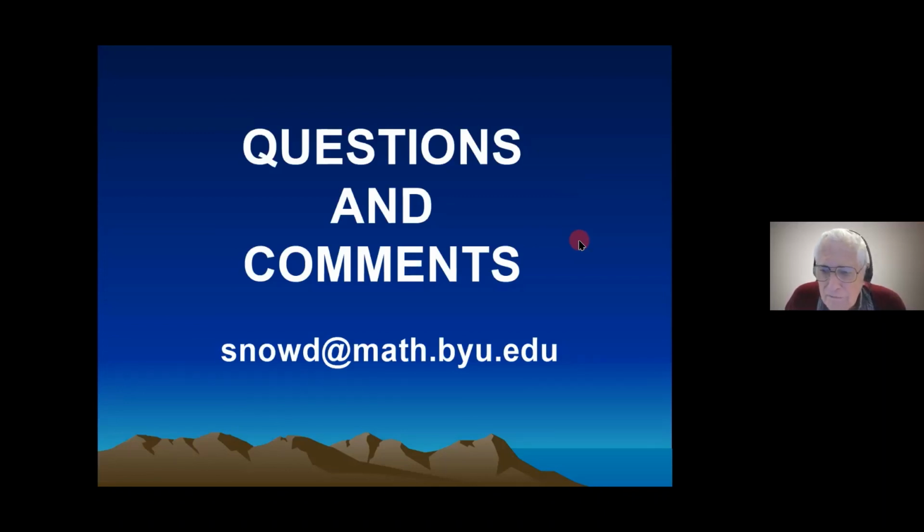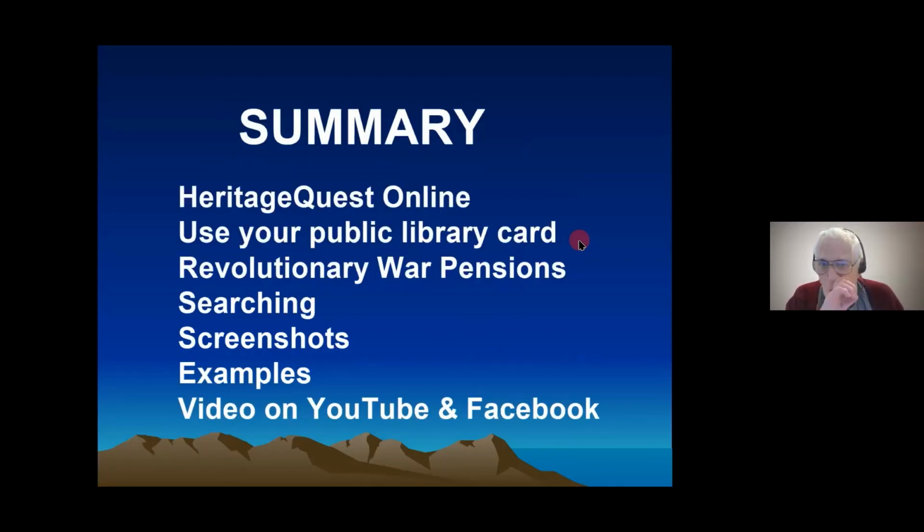Okay, well, here's a summary of what we've looked at. We looked at the Heritage Quest Online website, and that's available through a public library. In most states, I think most states have probably done it, the whole state, so any public library card will work.